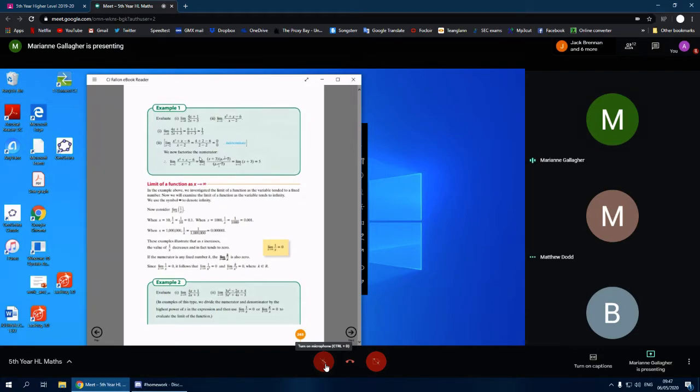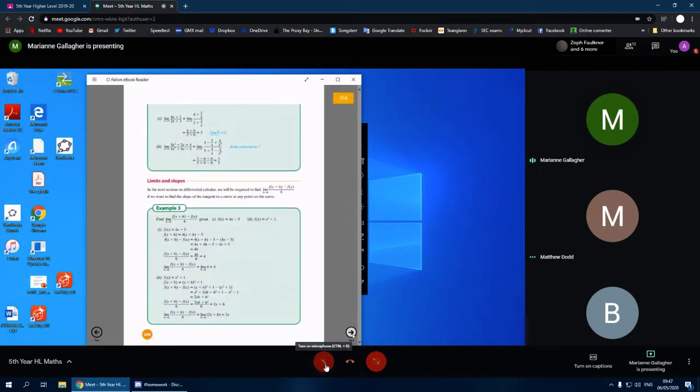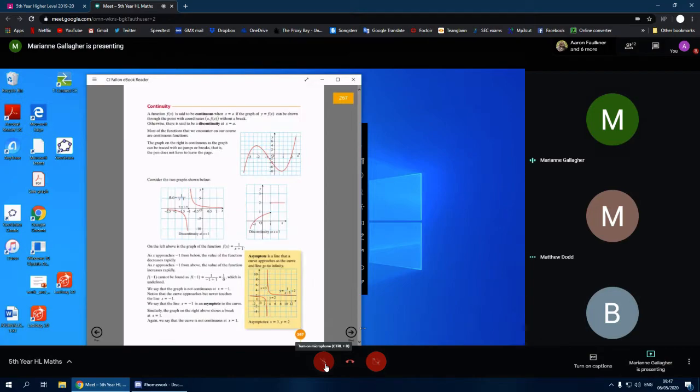If you factorize the quadratic there, the x minus 2's cancel. And now if you sub in 2, you can work out that the limit is 5. So it's basically just substitution. And if the substitution works out with the 0, then you see if you can factorize.